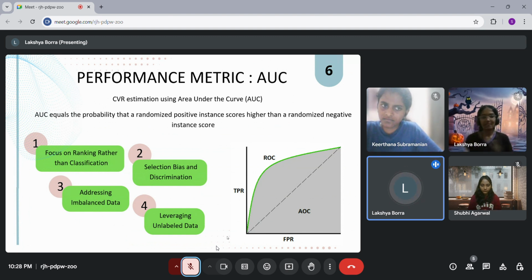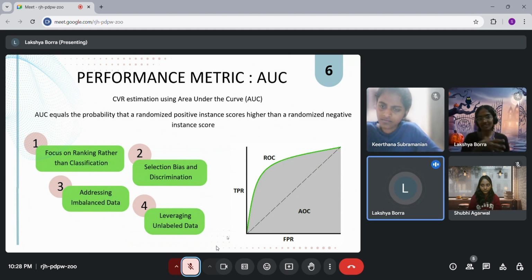And then what's the maths behind the AUC? AUC is actually the area under the curve plotted between the TPR, true positive rate, and FPR, false positive rate. So how does AUC help? As we can see, AUC helps with several issues. First, we can consider the usual evaluation metrics, which are accuracy, precision, recall, etc. But they only focus on yes or no classification.